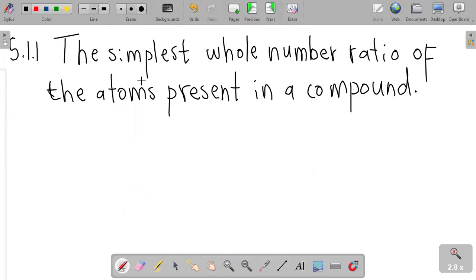Okay, so it's just the simplest whole number ratio of the atoms that are present inside a compound.